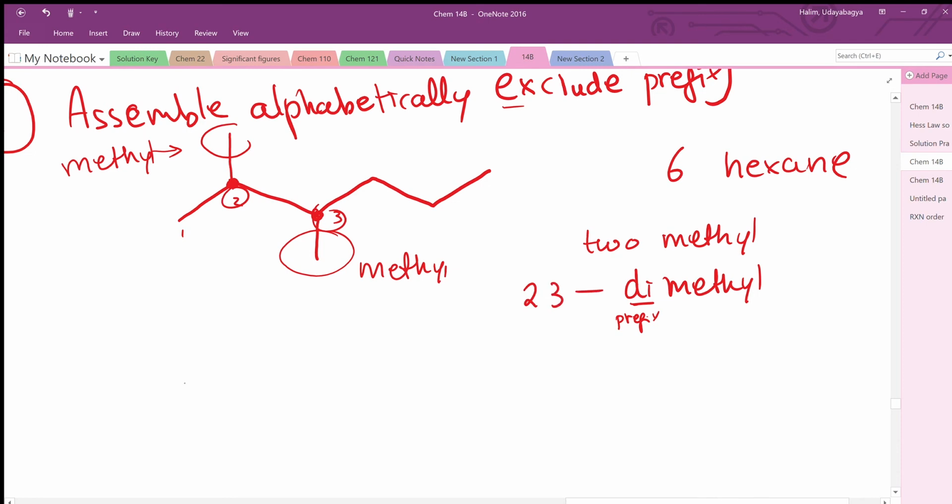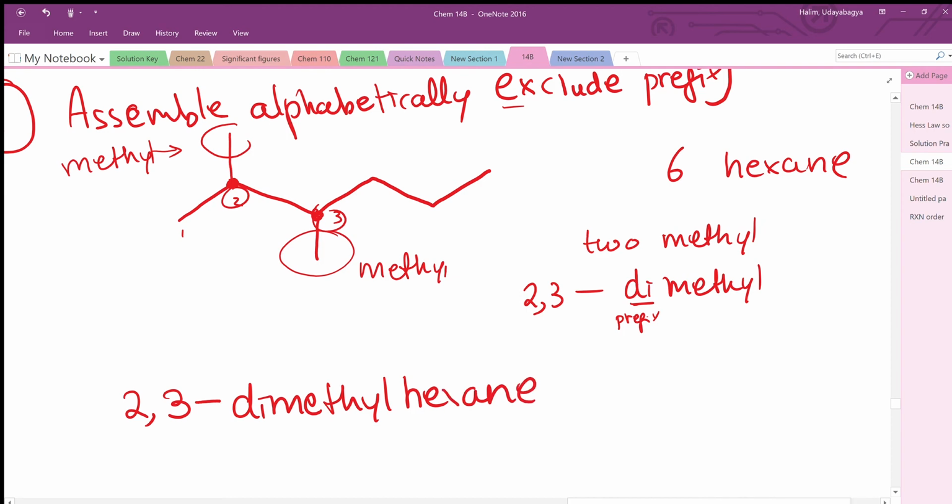And we simply have to combine everything together, so the comma disappears there. 2, 3 dash dimethyl hexane. And the name itself has no space in between. So the structure, let me clean up the structure again, just get rid of the notations and so on. That particular molecule is called 2,3 dimethyl hexane.